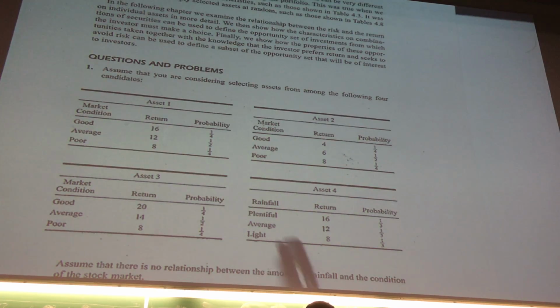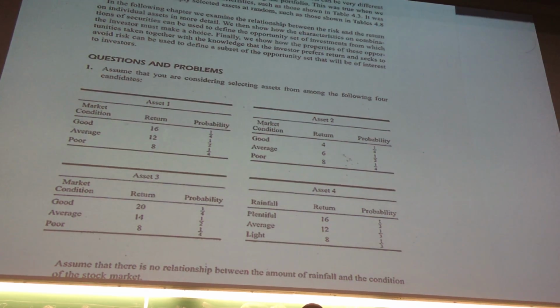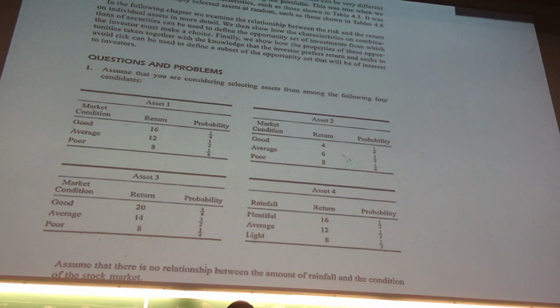If you have plentiful rainfall, then the returns are 16, average rainfall 12, and so on and so forth. This is basically a description of those 4 assets. So what you should grab from these 4 tables is what the returns are. Returns are not deterministic, they are non-deterministic, and they have their own probabilities.